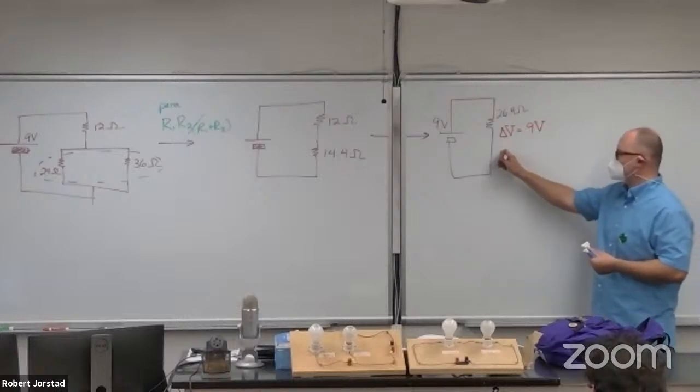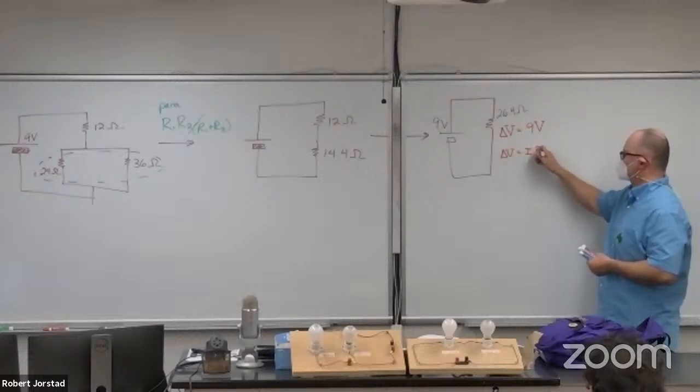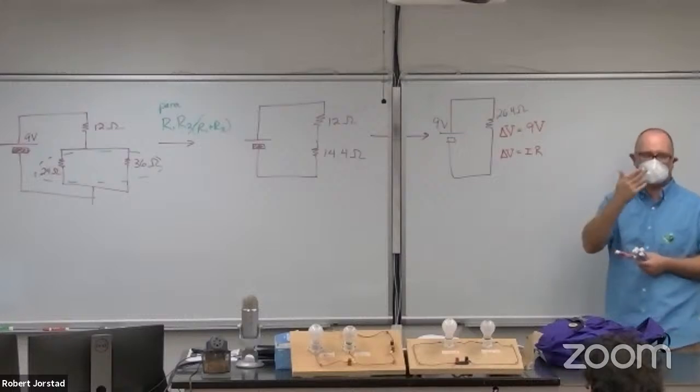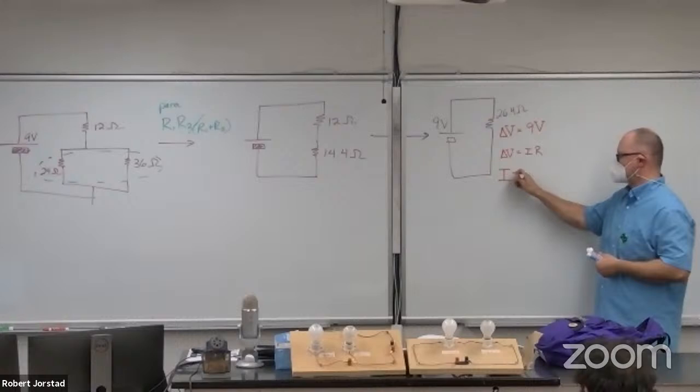Yeah, okay, I know delta V equals IR. I'm going to write that down. Hold on. Do we know resistance? Yeah, we do. Do we know voltage? So we could get current this time. So in this case, punch it in. Give it to me.